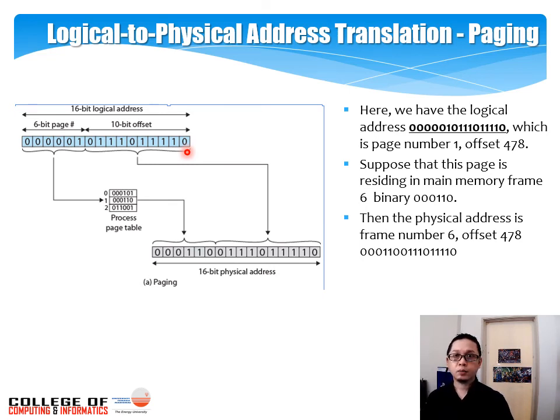The information you must have is the original logical address, how many bits are the page number, and then you cross-reference the page number with the page table. You take this value, replace this value, and the result is the actual physical address for that page of the process.